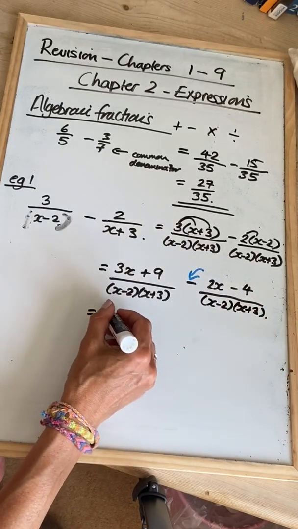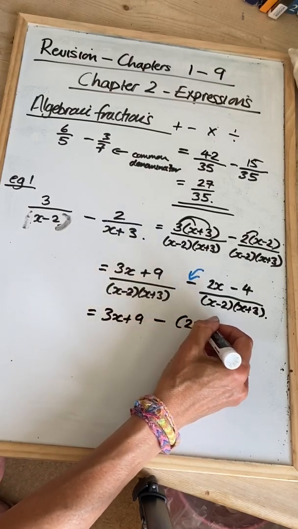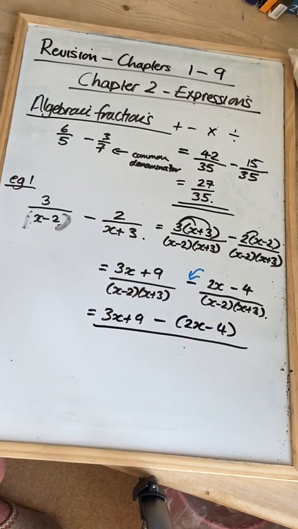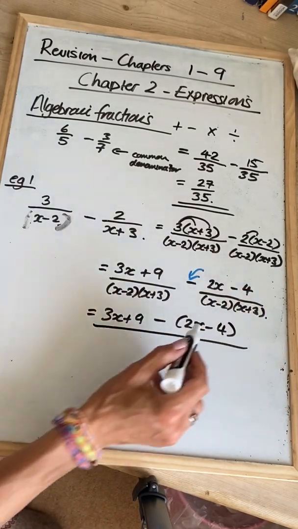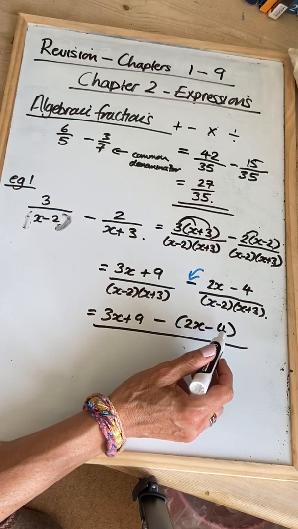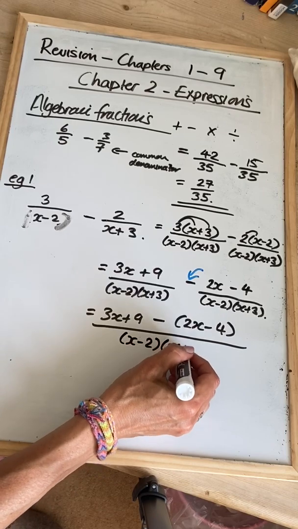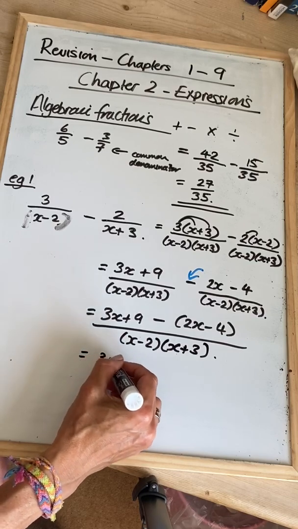Now I'm going to just write this out as 3x plus 9 minus all of that in brackets, because then it shows me that it's all of this that is being subtracted, including that minus 4. It's all over a common denominator. So let's just see what I've got if I multiply this out.